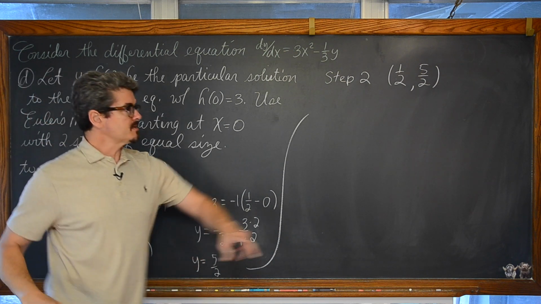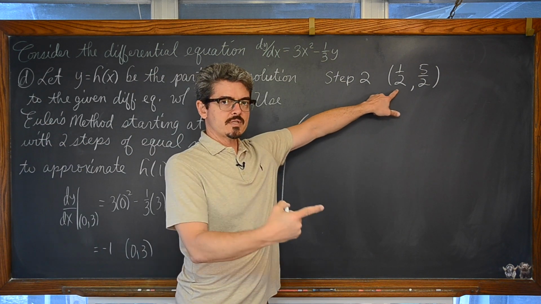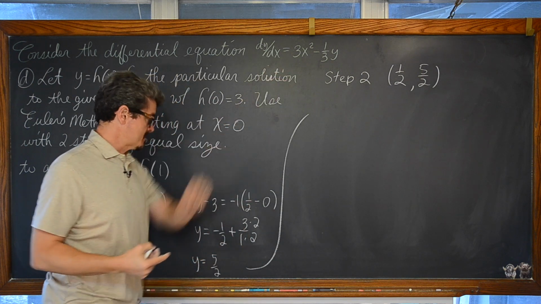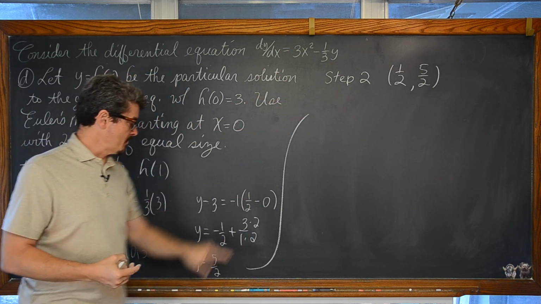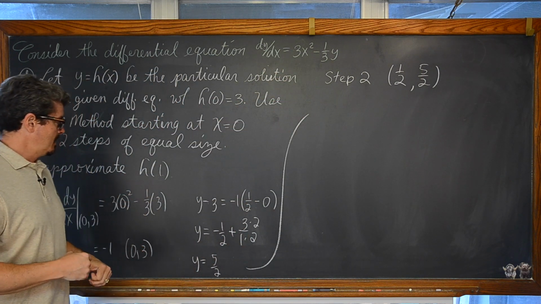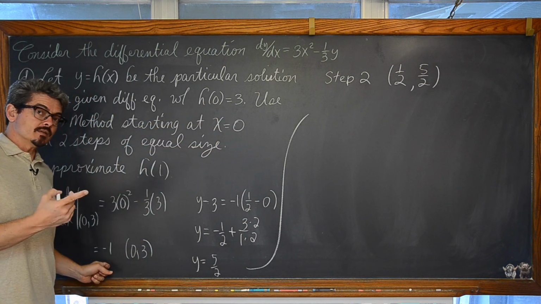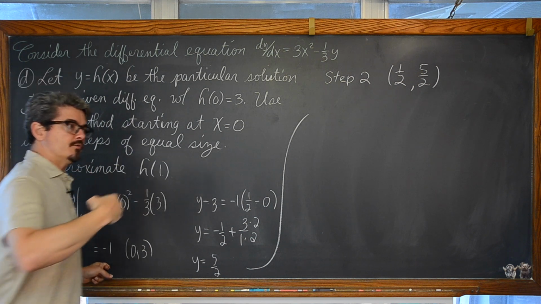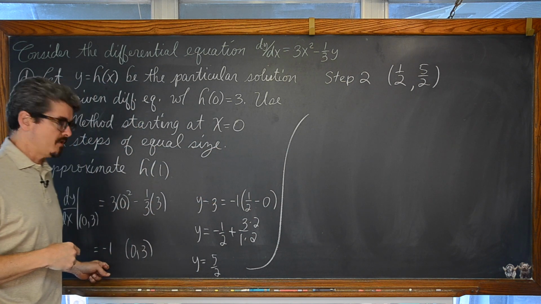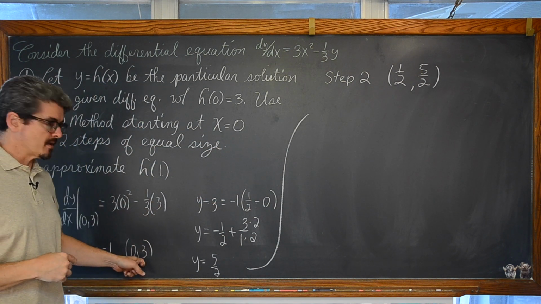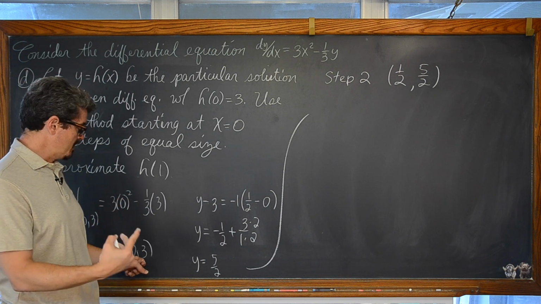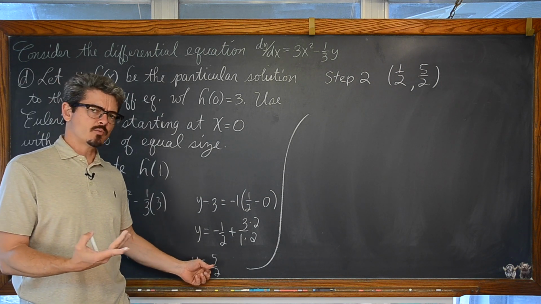Oh, by the way, is this a reasonable first step? Well, off of the point (0, 3), we did get a negative slope. So if we step to the right a half unit, we should expect our y value to shrink a little bit, and we did go from a y value of 3 to a y value basically 2.5.